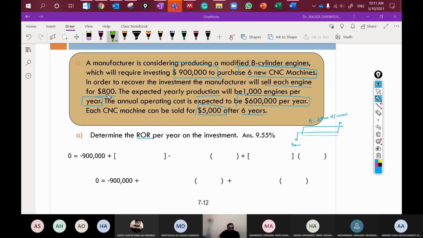Why? Because he says I have 800 and 1000 engines. What about the expenses? The expenses A is 600,000. Now don't forget, guys, the net between them is basically positive. And finally, I have the machines sold. I have 6 machines multiplied by 5,000. Why 6? Because he said I have 6.